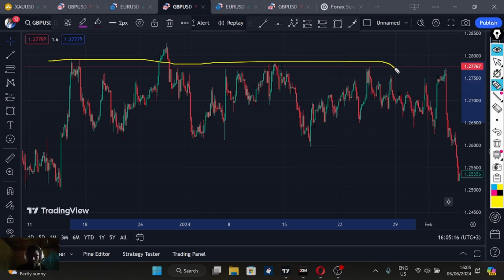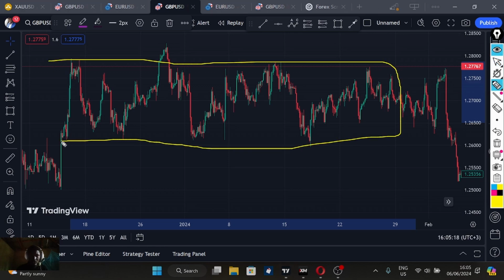Here, this is a false breakout. This is what we call a false breakout. In the range market, the market did not cross the resistance level, and the market did not cross the support level. The market was in between the support and resistance levels. This is what we call the range market.